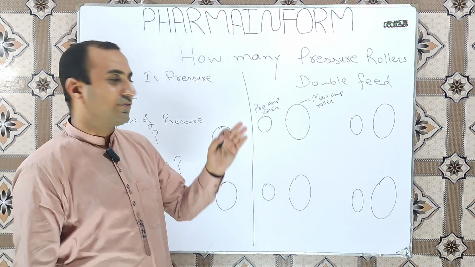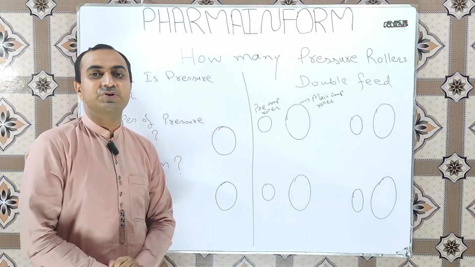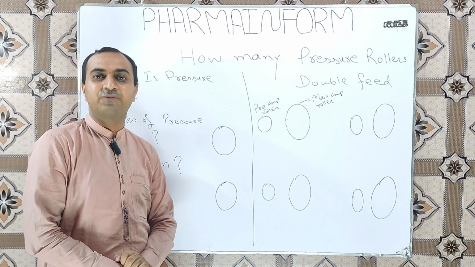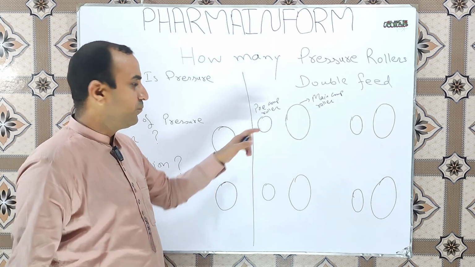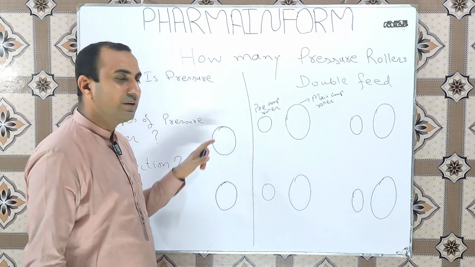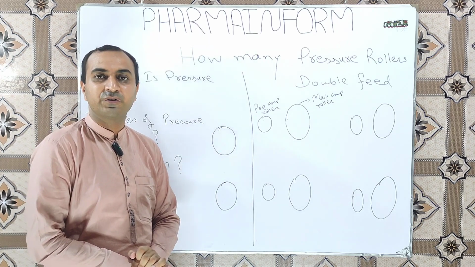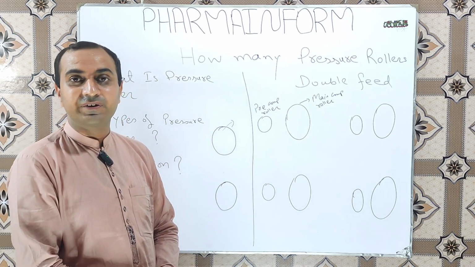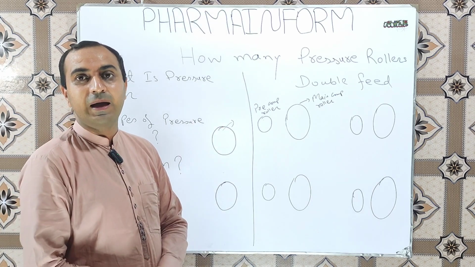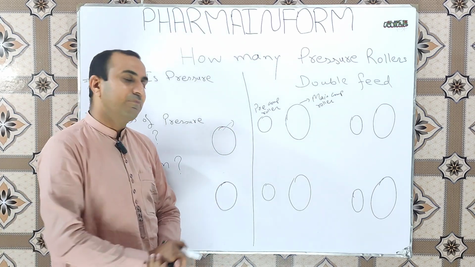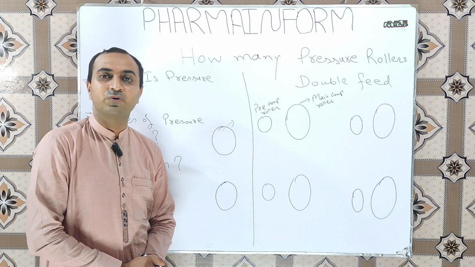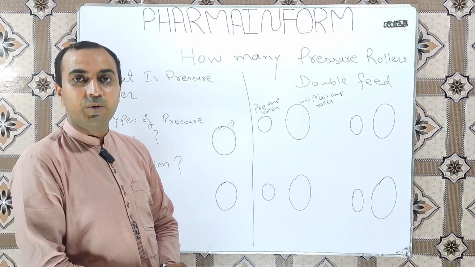So if our machine is single feed, meaning it has one hopper, then two main compression rollers will be installed. That means a set of main compression rollers: one compression roller will be installed on the upper side of the upper punches, and one main roller will be installed on the lower side of the lower punches.